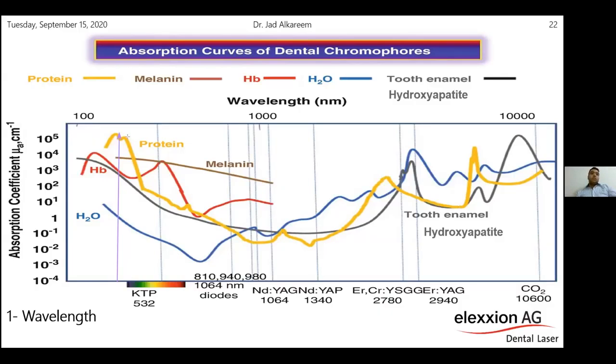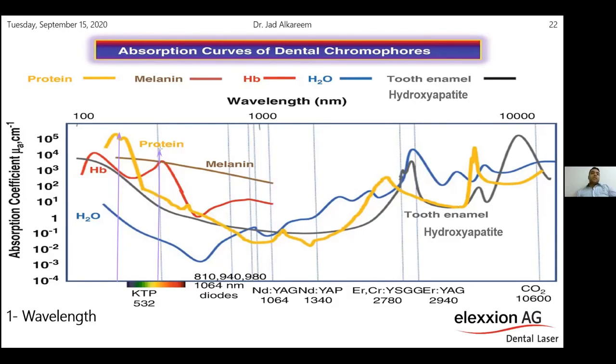The soft tissue mainly consists of protein, melanin, hemoglobin, and a medium amount of water. So the blue laser has high absorption into the protein, melanin, and hemoglobin, but low absorption into the water and hydroxyapatite. That means the blue laser is going to target the soft tissue.